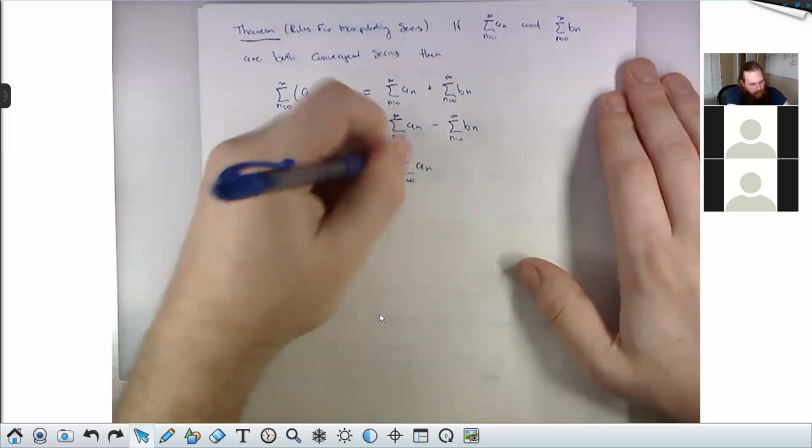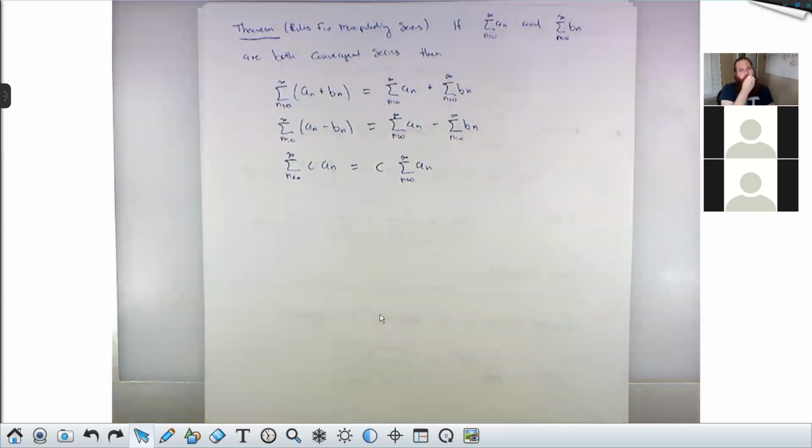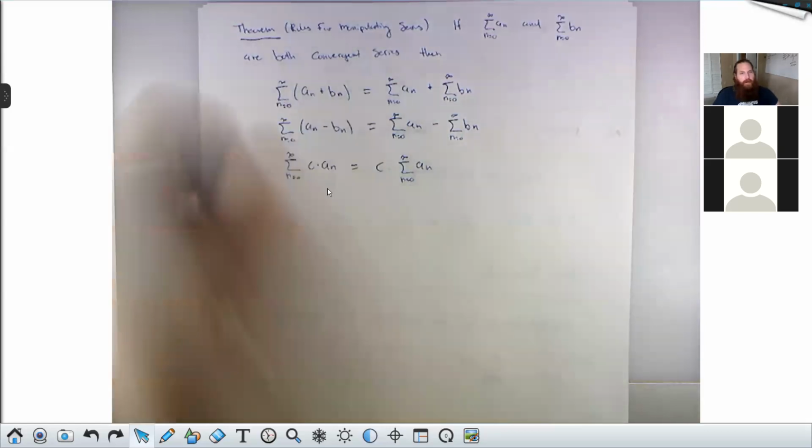So while I'm putting in here n equals 0 to infinity, it would work fine if they were all n equals 1 to infinity or n equals 5 to infinity. It doesn't matter. If both the series sigma an and sigma bn are convergent, then you can split them up. You can split up the sum as the sum of the two series. You could split up this difference as a difference of the two series. And if there's a constant multiple inside, it can come out.